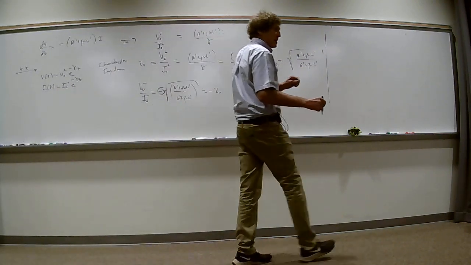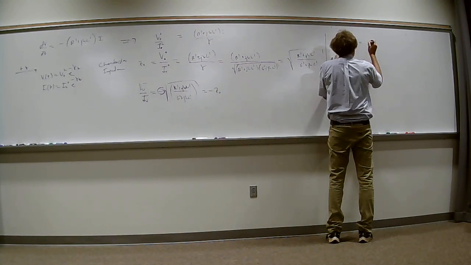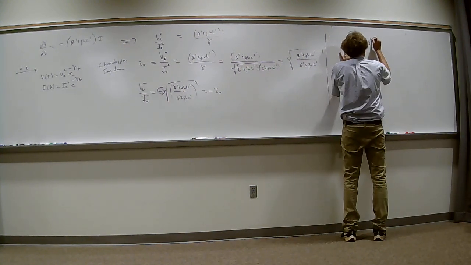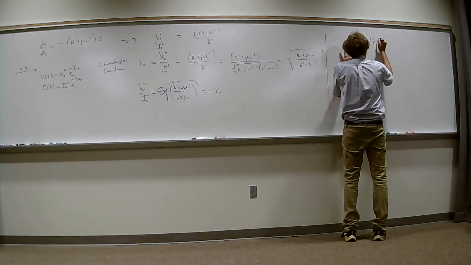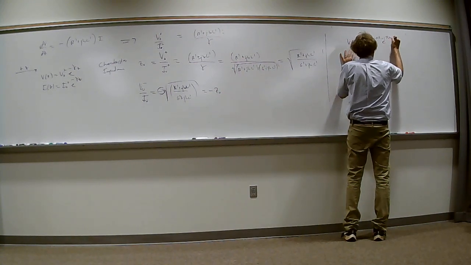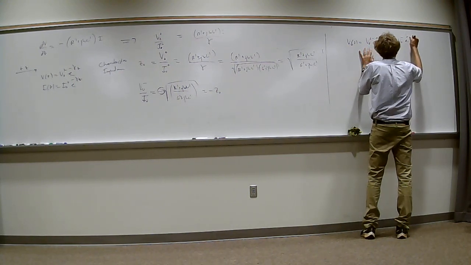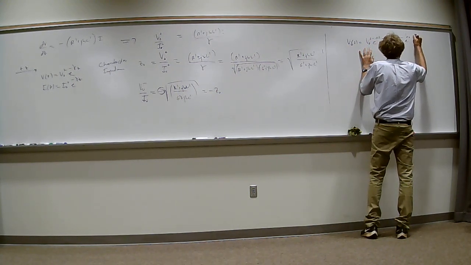Now we go back to the equation. We had V of z equal to V0 plus e to the minus alpha z times e to the minus j beta z, plus V0 minus e to the alpha z, e to the plus j beta z.